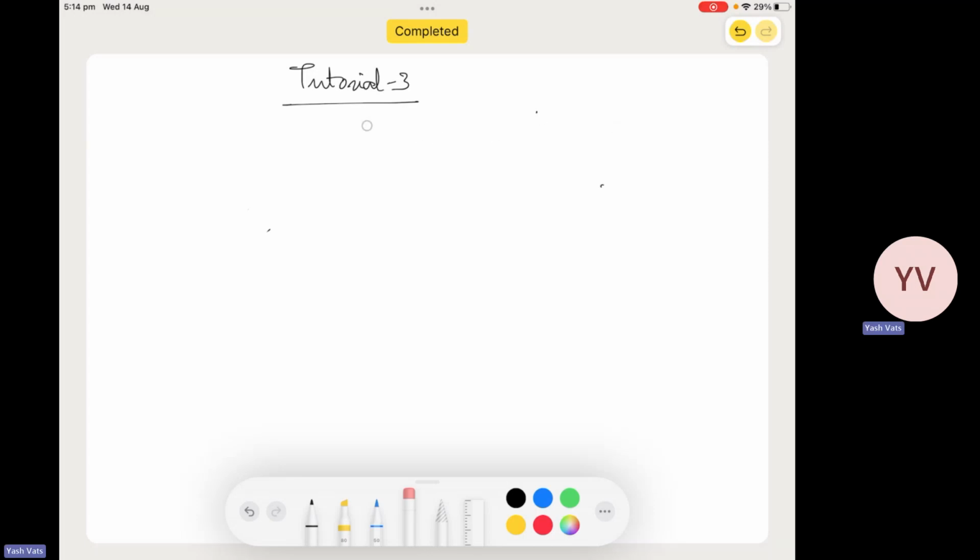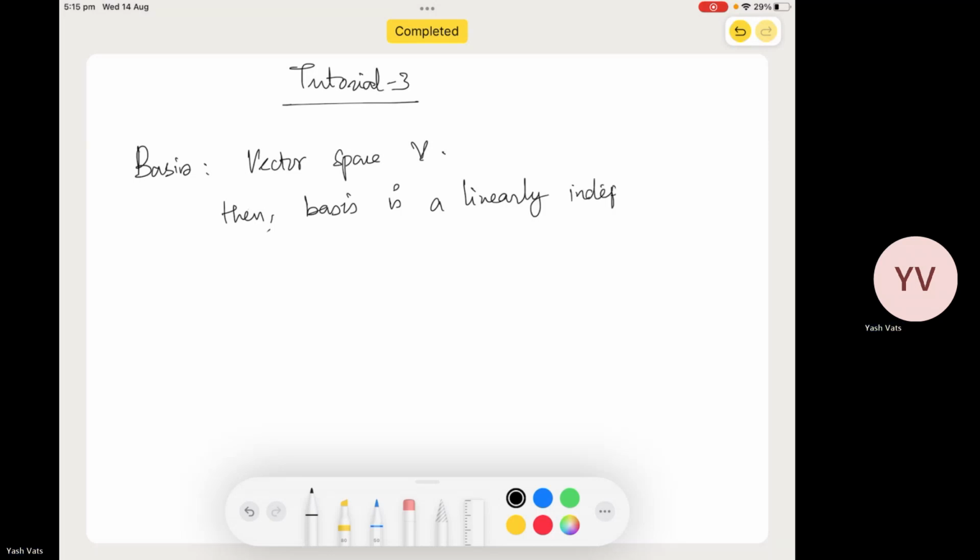So we have discussed bases. So what is a basis of a vector space? If you have a vector space V, then a basis is a linearly independent subset of V that spans V, right?